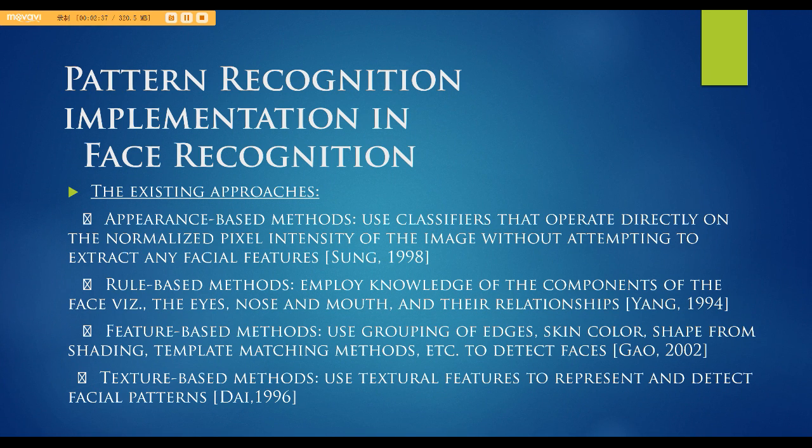The second method is rule-based methods. This method employs knowledge of the components of the face, for example, the eyes, nose, and mouth, and their relationships with these different features.